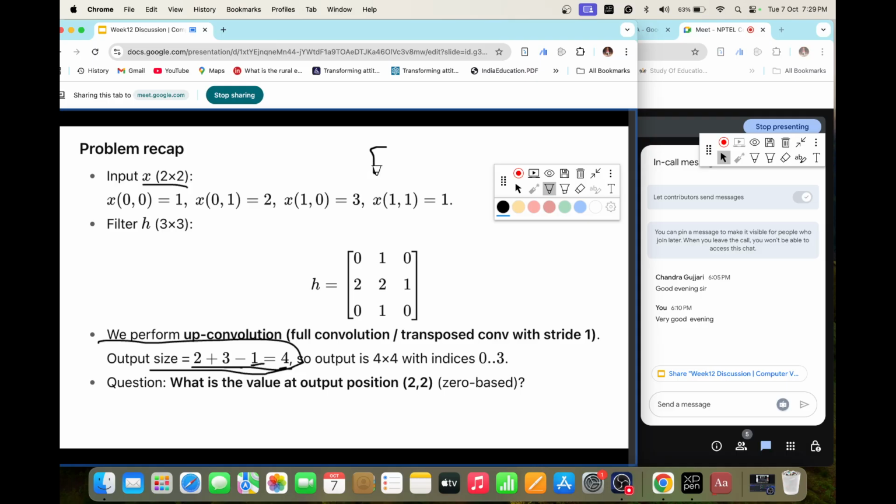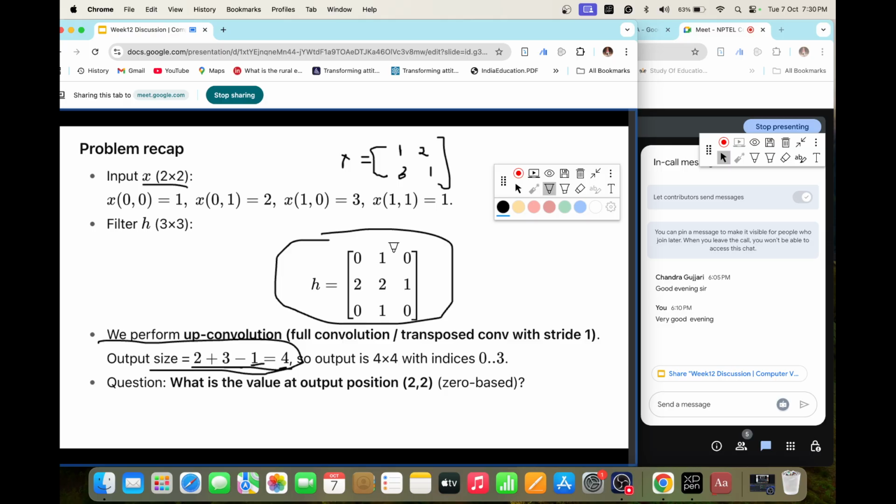So you have this input x, 2 cross 2, that is a matrix: 0,0 is 0, 0,1 is 1, 1,0 is 2, and 1,1 is 3. So this is nothing but the input dimension of your image, and this is the filter that has been given in the question: h00, h01, h02, like this.